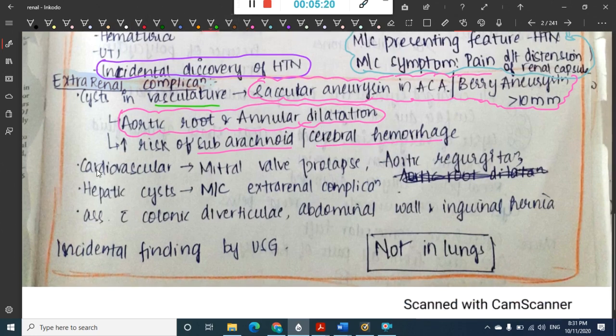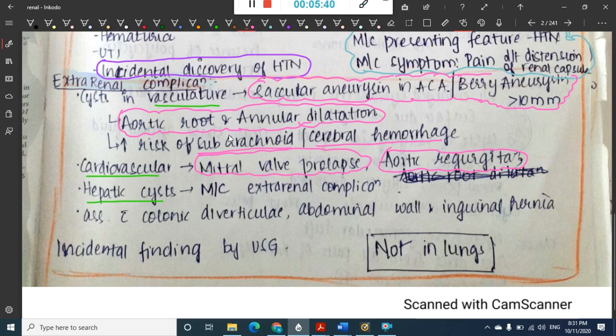Then in the CVS, the most common finding is mitral valve prolapse and aortic regurgitation. Then what is the most common extrarenal manifestation? Overall, the most common extrarenal manifestation is hepatic cysts.